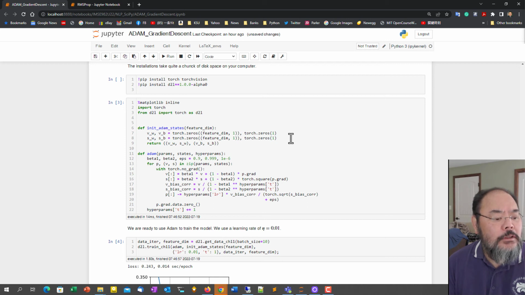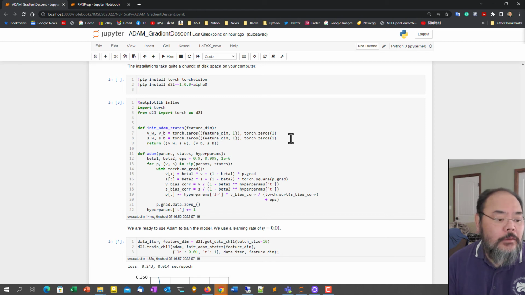D2L is a very flexible, higher level neural network modeling language. They actually have a book talking about this.